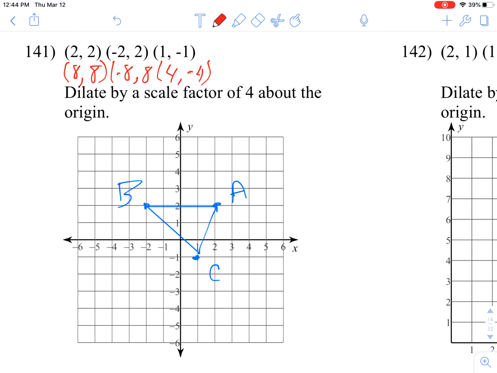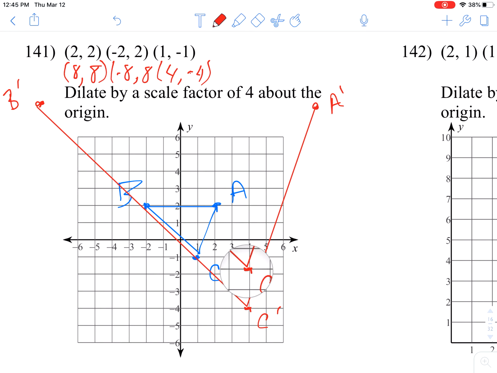And then 4, negative 4 would be over here, C prime. And then you would connect them. Unfortunately, this is off the graph, but it should still be a similar shape. It's just not a congruent shape. So you may consider changing this from 4 to 3 so that it will fit on the graph.